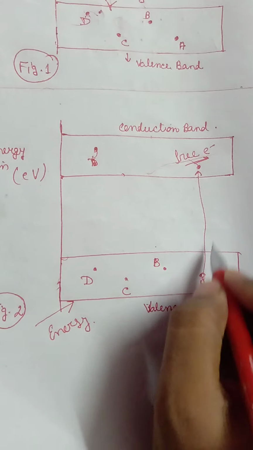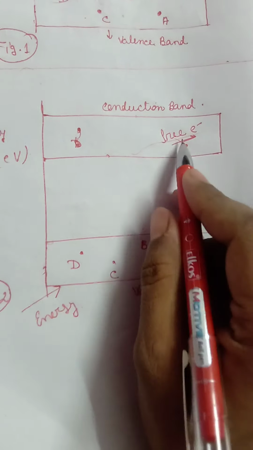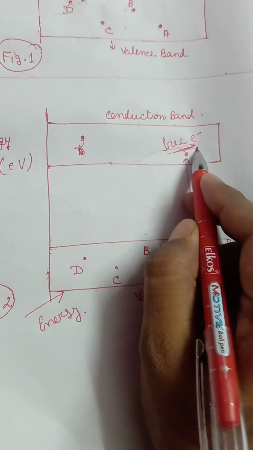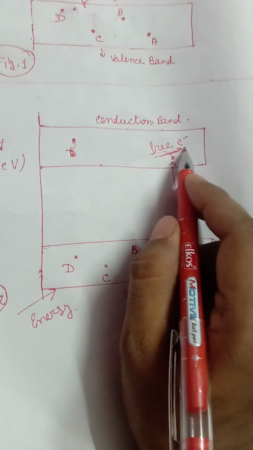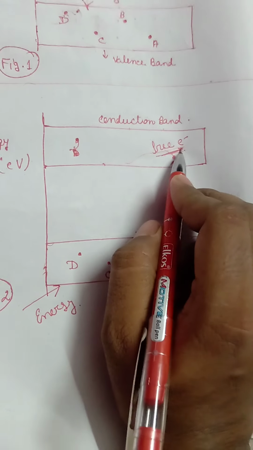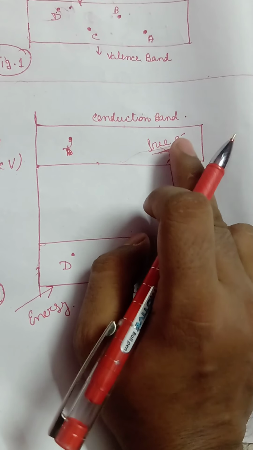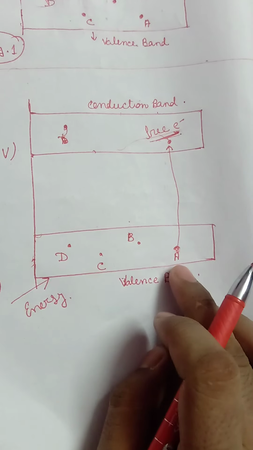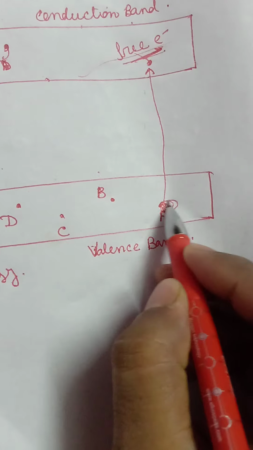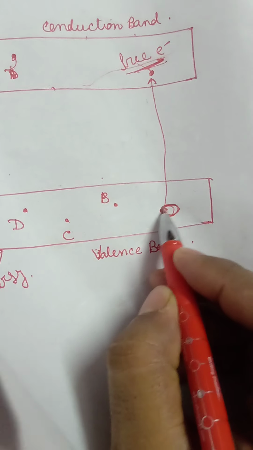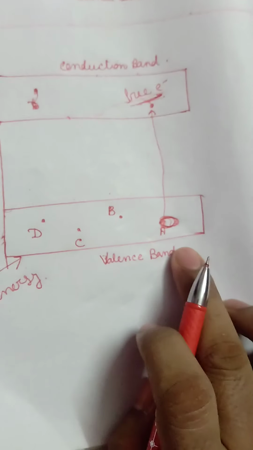Clear? So this electron from position A will go to the conduction band and become free. Now you got a free electron here, a free charge carrier. So this charge carrier is the electron. Now what about this position, this gap? This gap is our hole, or vacancy.